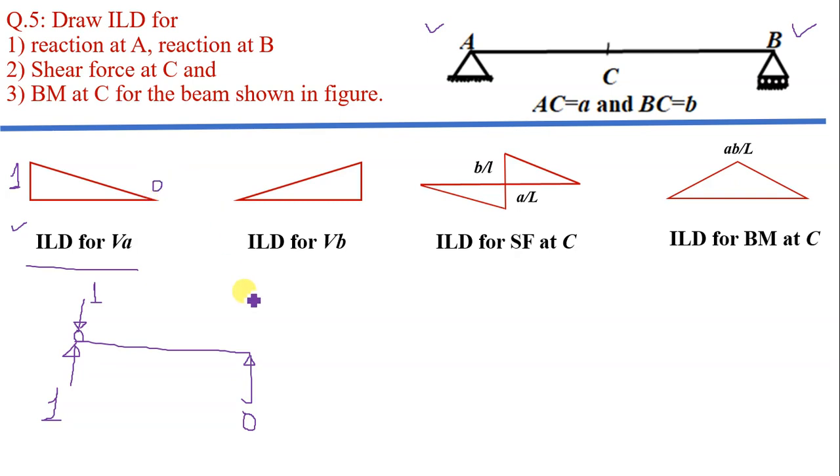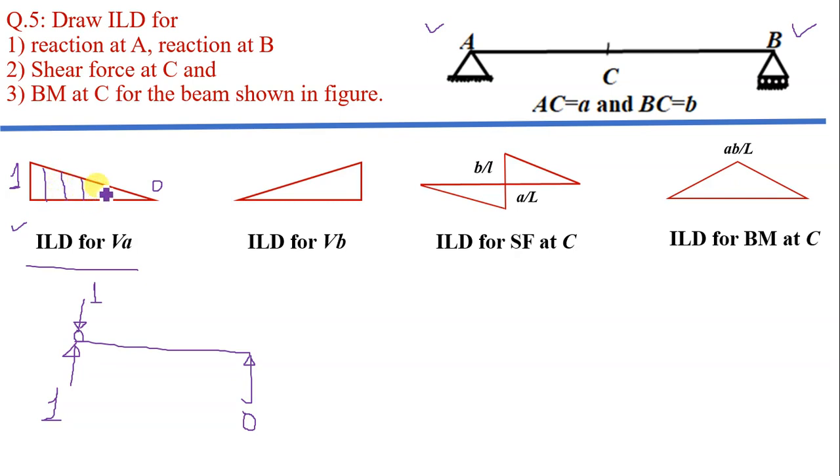Influence line diagram is a diagram which shows the variation of a quantity with respect to the position of the rolling load having unit magnitude over the beam. So it shows that when unit load is at A, the reaction at A is equal to 1 and the reaction at B is equal to 0. As the load moves from A to B, the value of reaction at A changes.